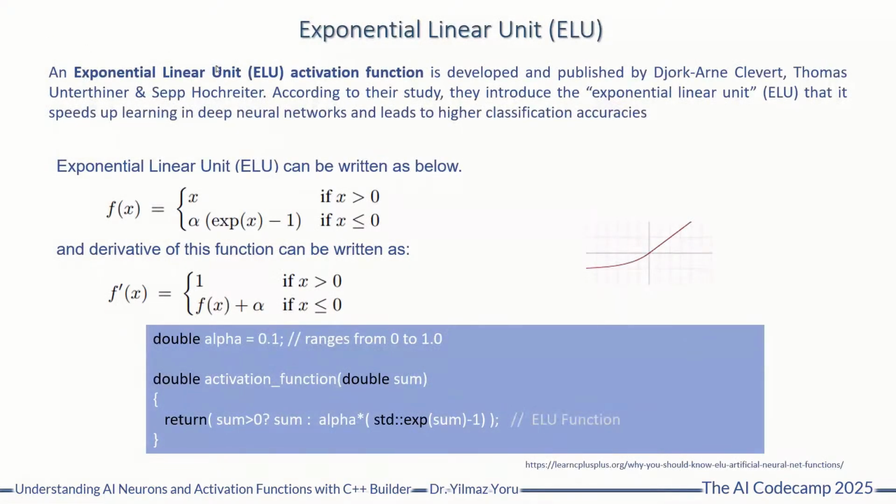It is an activation function developed by authors that speeds up learning in deep neural networks and leads to higher classification accuracy. When the net input value sum is lower than 0, it has less effect as an output, and when it is over the 0 value, it has much more effect, as you see in this graph. And here is a simple C++ example as below.